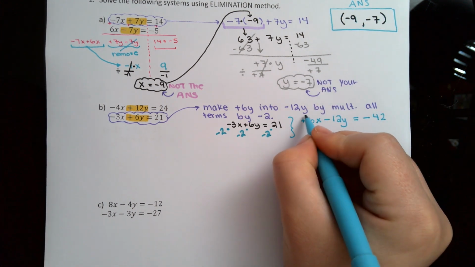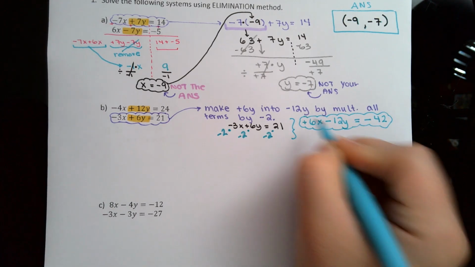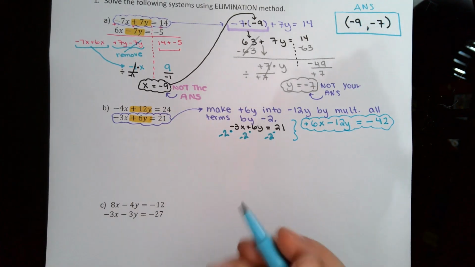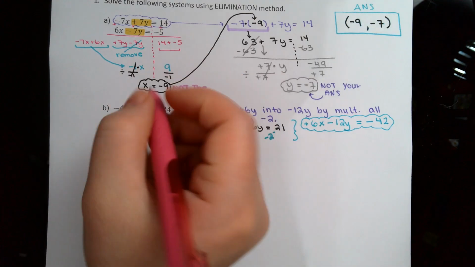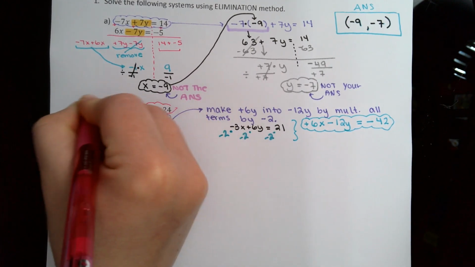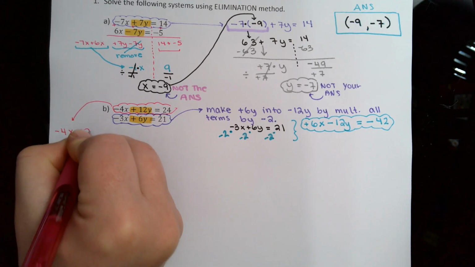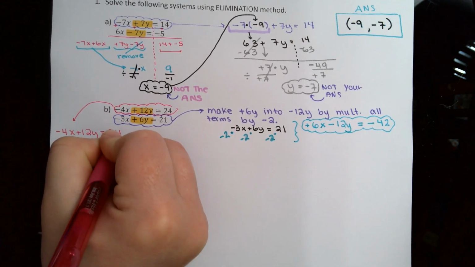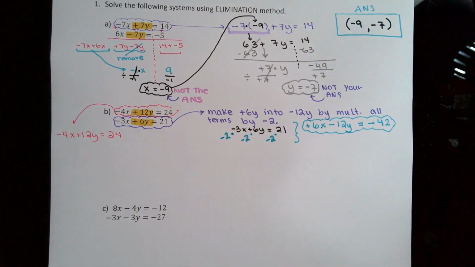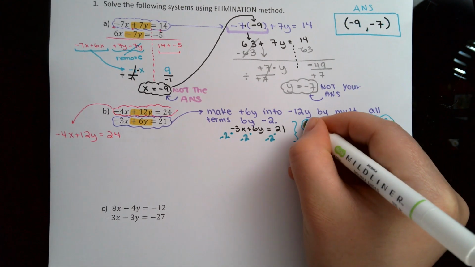This right here, I'm going to put this one in a thinking bubble. I will highlight that in just a moment. It is what I'm going to use with the original, the one that's on top. So take the original of negative 4x plus 12y is equal to 24. Take the one that you just worked with. This one here, this is the one that you created.